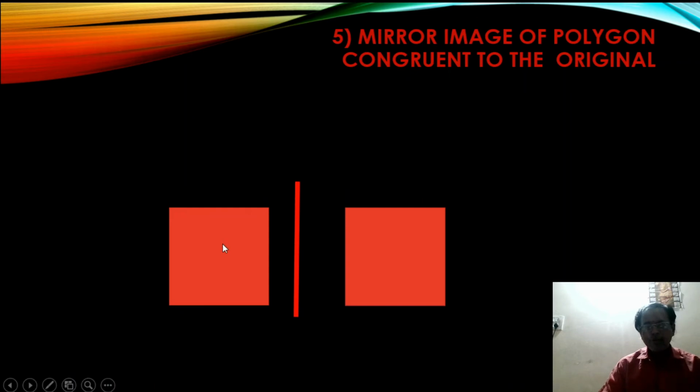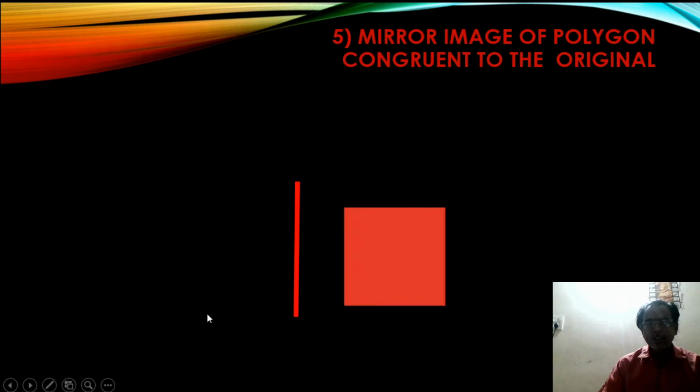And moreover, if you put one object on the other, the edges must coincide. So that's why we can say those two objects must be congruent. In the similar way here, they exactly coincide, so true.